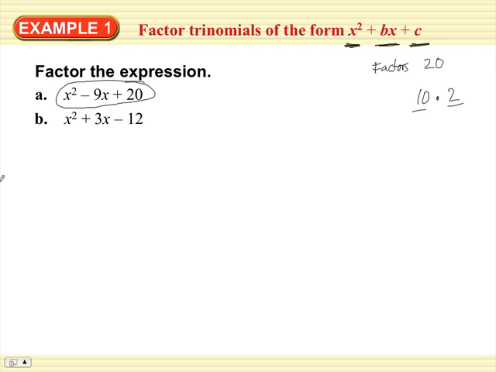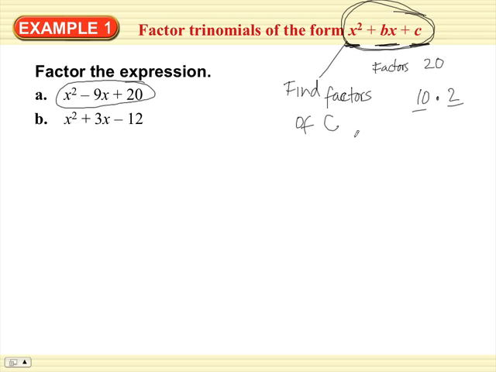So the question is, how do we do that? I'm guessing people have forgotten. That's okay. I'll show you. If you like, write that down beside it: find factors of c. So you should know what that means. Factors of c. What multiplies to get c?